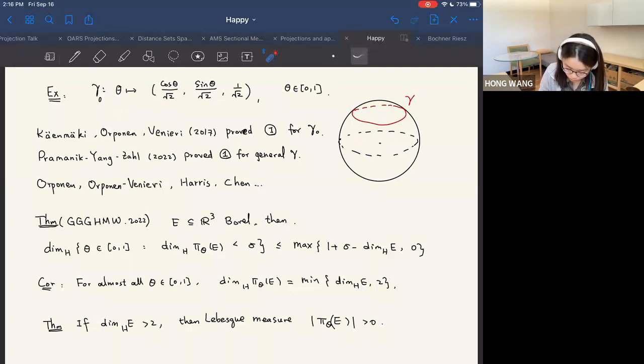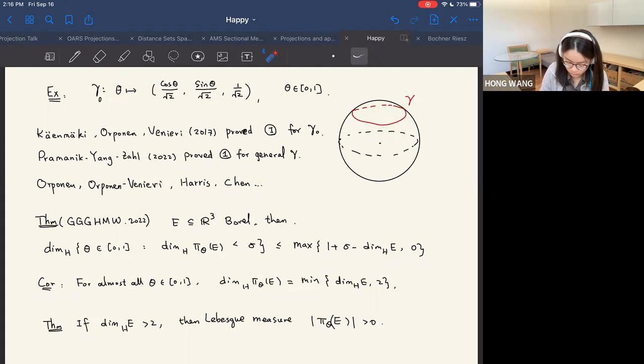It was proved by Kaenmaki, Orponen, and Venieri in 2017, who proved the first part, projection to a line, for this particular curve gamma naught. This curve is nice because it's like the light cone intersected with the unit sphere.